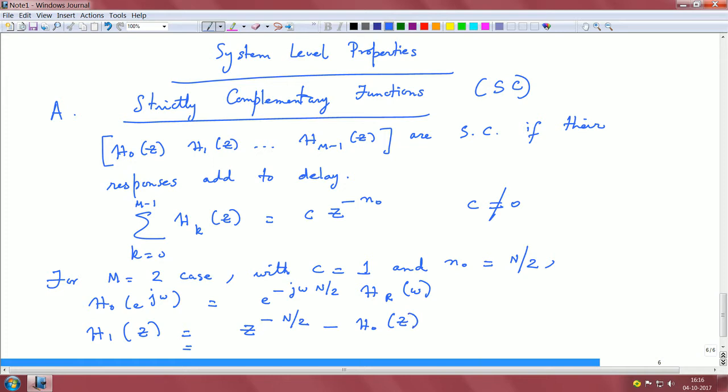So, now I can say that H1 of e j omega is basically e power minus j omega N upon 2 times 1 minus h r of omega, because H naught plus H1 should just add up to a delay with a gain of 1.